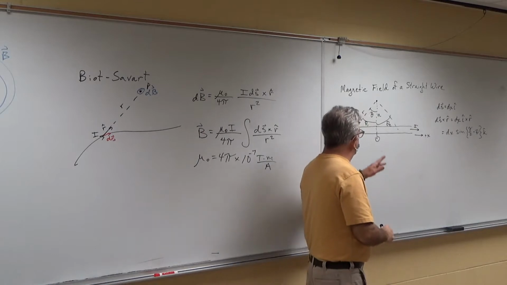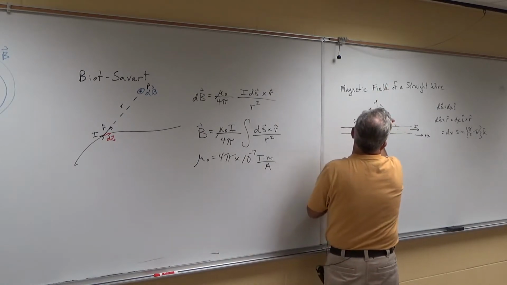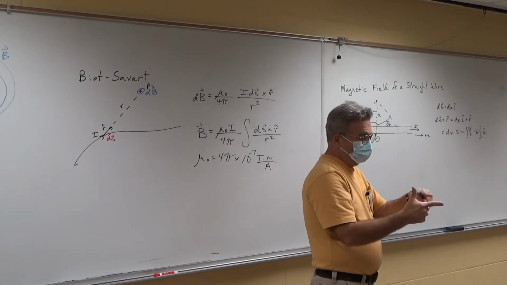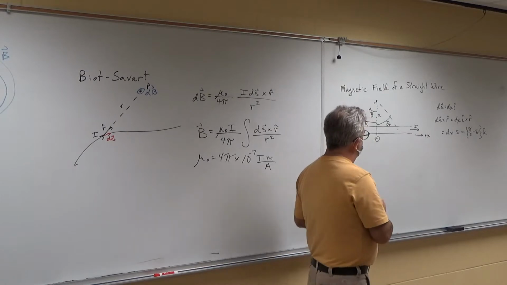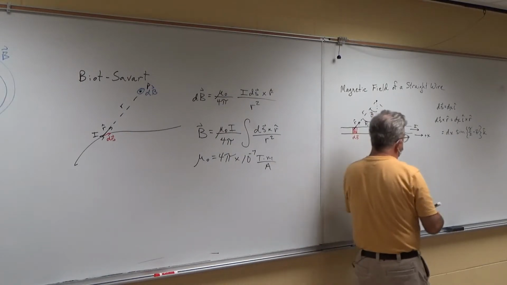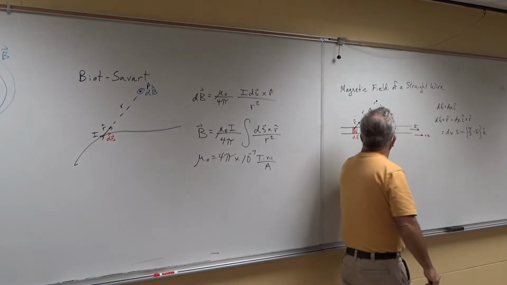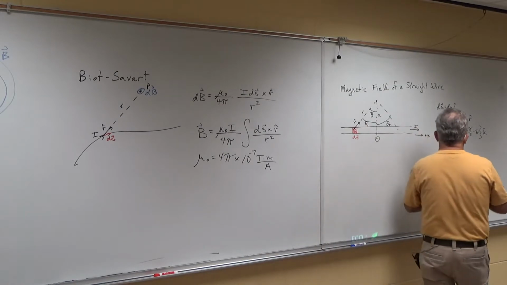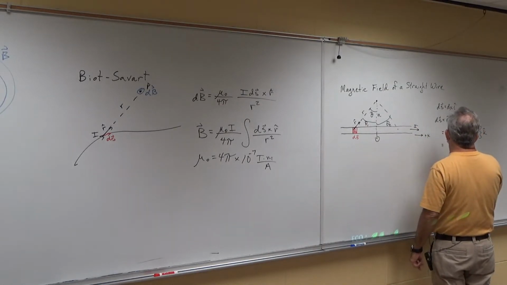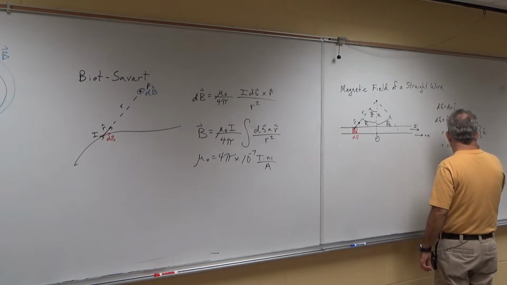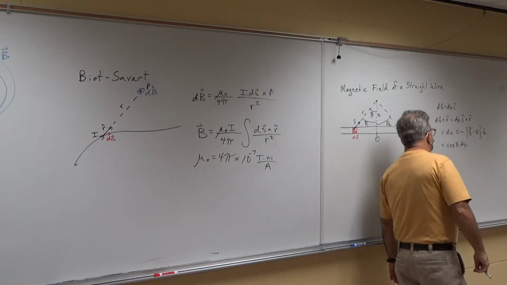The positive z direction, if this is positive y, is this way. Okay, x, y, z. You have to take the sine of the angle between i hat and r hat, which is sine of pi over 2 minus theta. But that's just cosine theta. So this is equal to cosine theta dx.